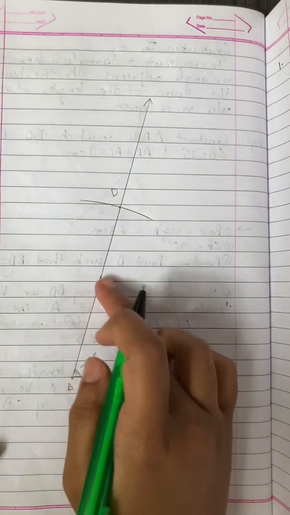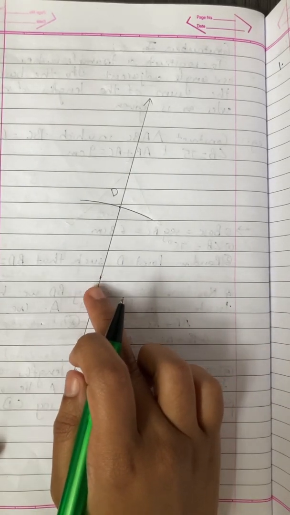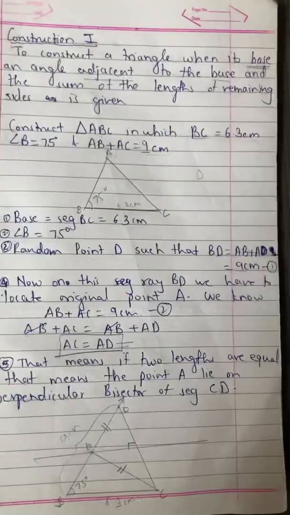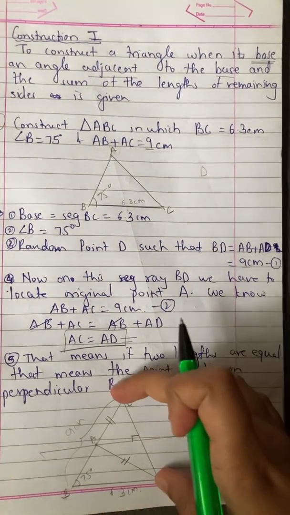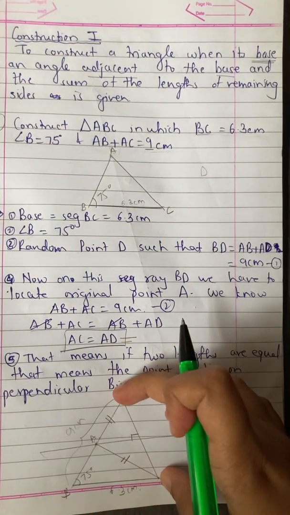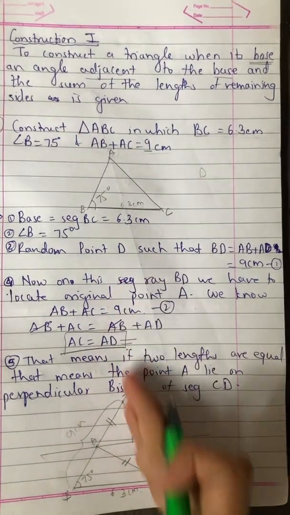Okay. Now we have to locate your point A. So point A lies on what? The perpendicular bisector that we have concluded. So point A is on the perpendicular bisector. Perpendicular bisector of what? Segment CD. So we can draw the perpendicular bisector of segment CD, but for that we have to draw segment CD. Okay.